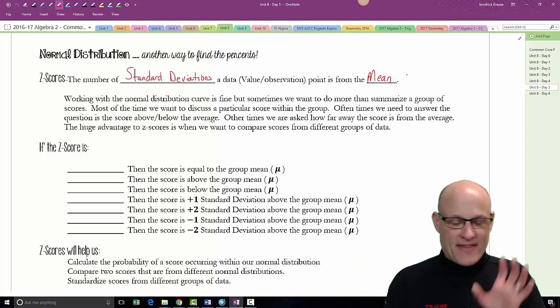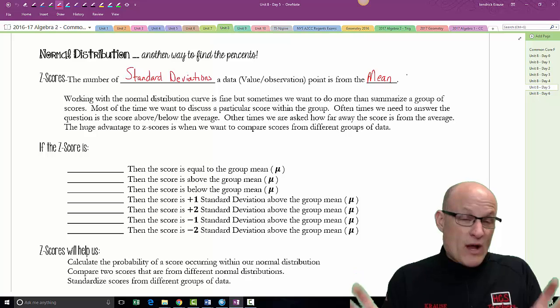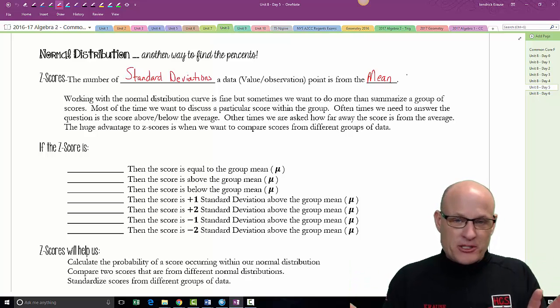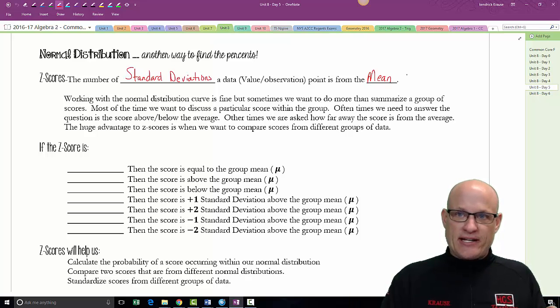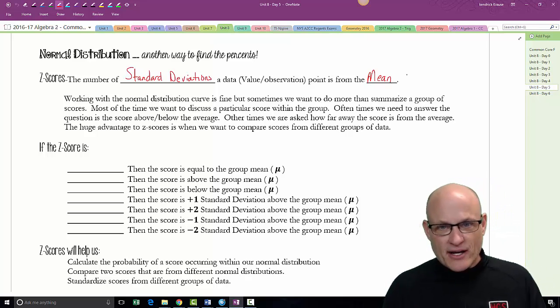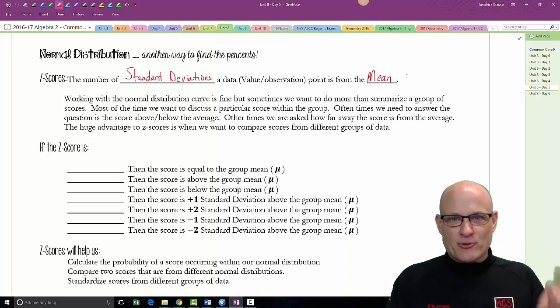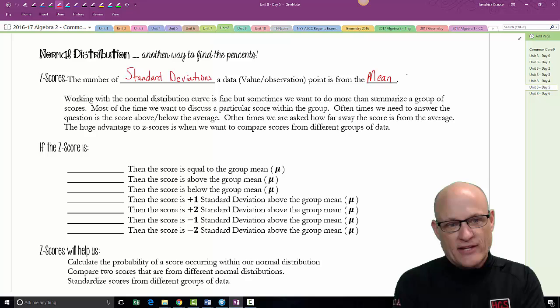That's this graph and that's this graph, and the data is completely different. How do I say, on this test I got a 38 and the standard deviation was this, and on this one I got a 55 and the standard deviation was this? How do I compare them? It's like comparing apples to oranges. I can't do it.